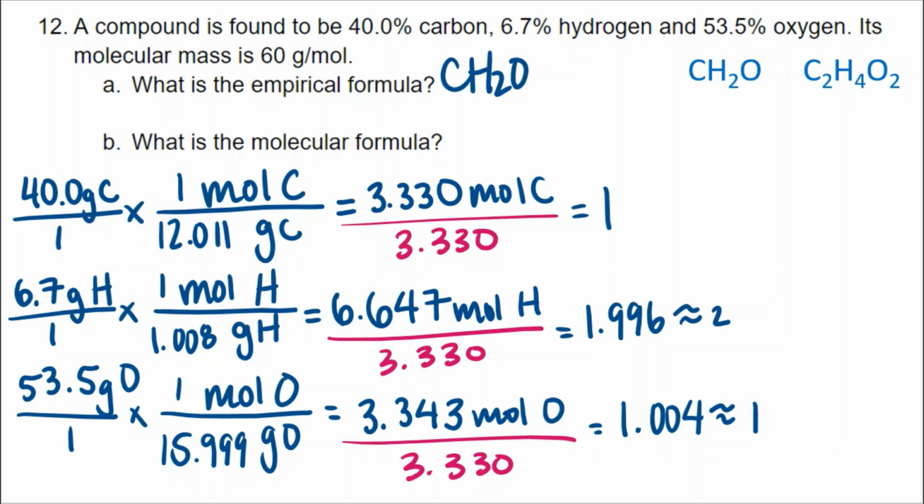Now CH2O, we've got a carbon, we've got 2 hydrogens, and we've got this 1 oxygen.